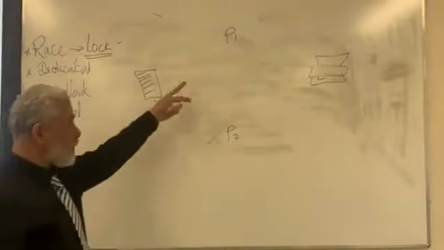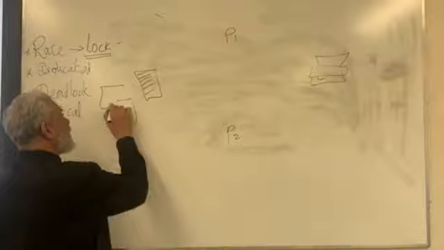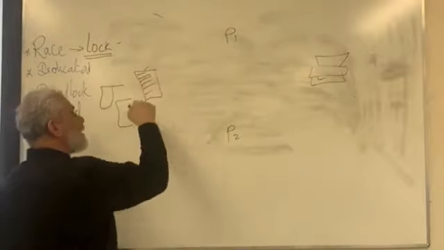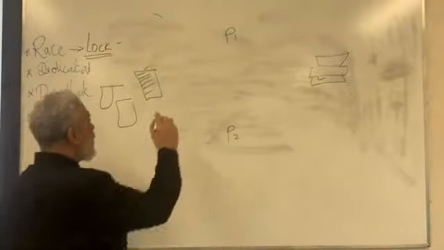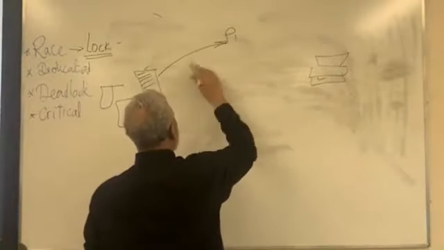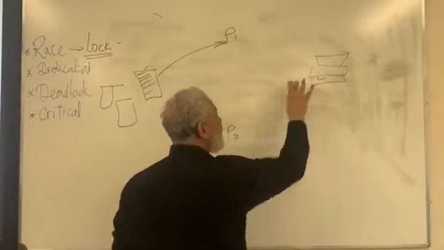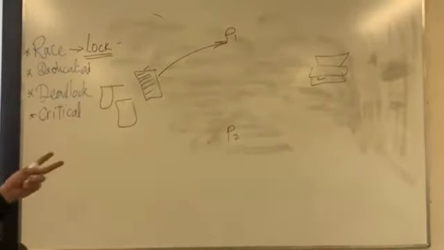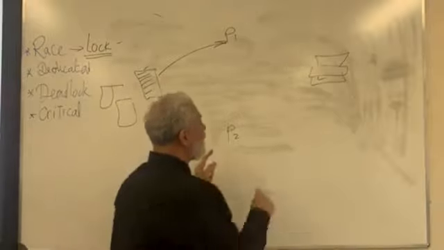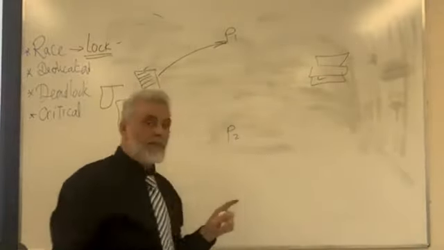Now, both these processes want this particular file. There are many other files, but they only want this particular file that has the information they both need. So this guy would like to open this file and read it and send the information to the printer. Same as this one. He wants to open this file, read it, and send the information to the printer.